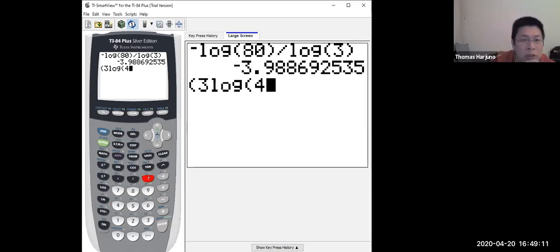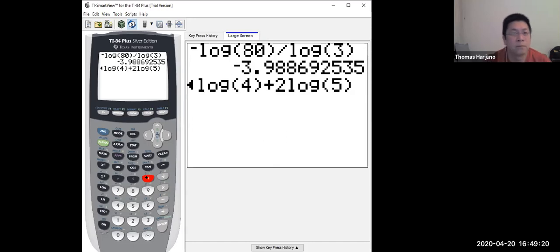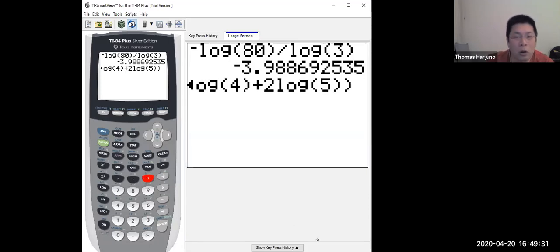Close the parentheses. Don't forget to close the parentheses. The last parenthesis I close is for the log 5. Now, I will close that again for the whole chunk on the numerator.